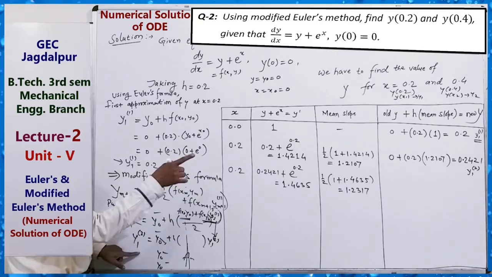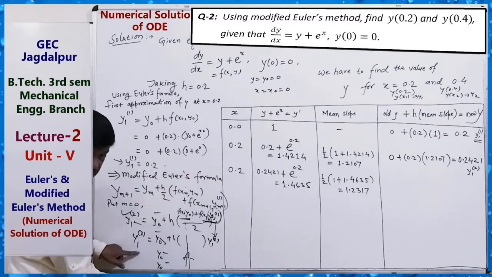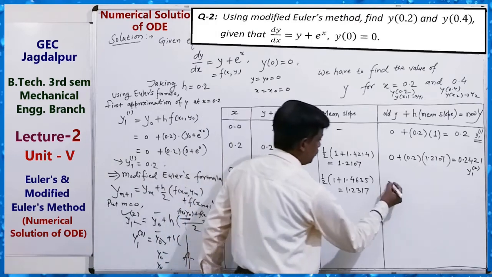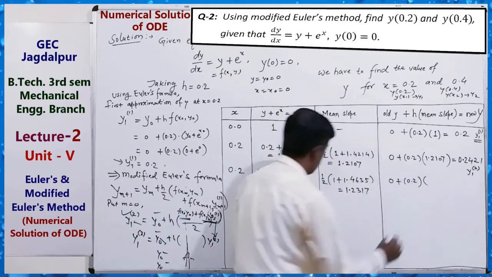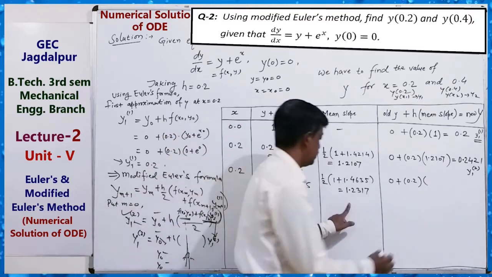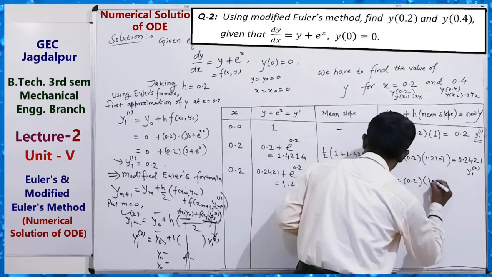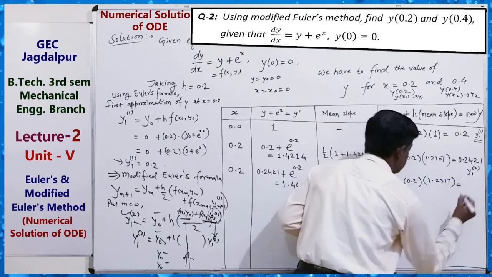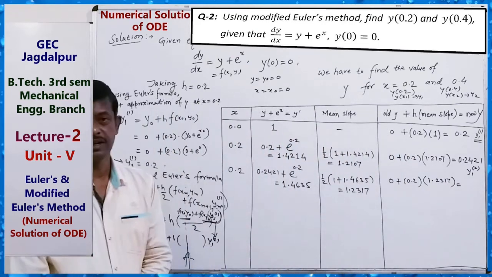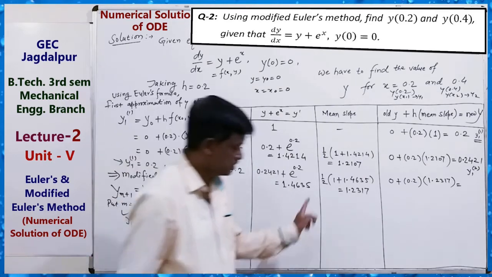Now for the approximation y0 continues, so here 0 plus 0.2, with slope 1.2317. This can be approximated as what? Just calculate it.